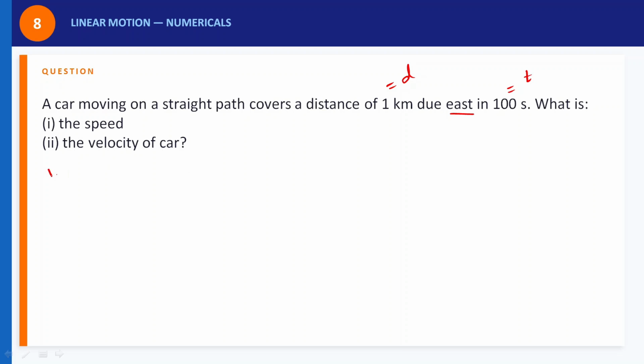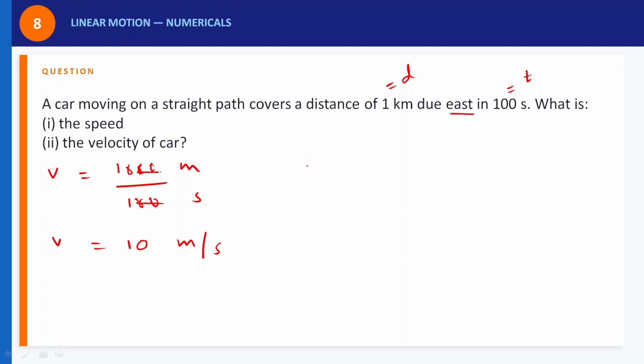Speed equal to distance. So 1 kilometer is nothing but 1000 meters. Time is given 100 seconds. Two zeros get cancelled. So speed equal to 10 meter by second.